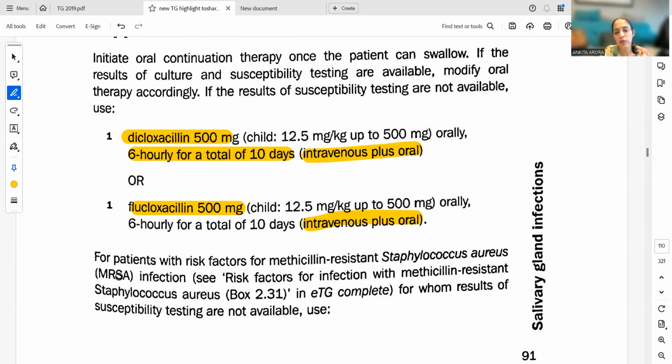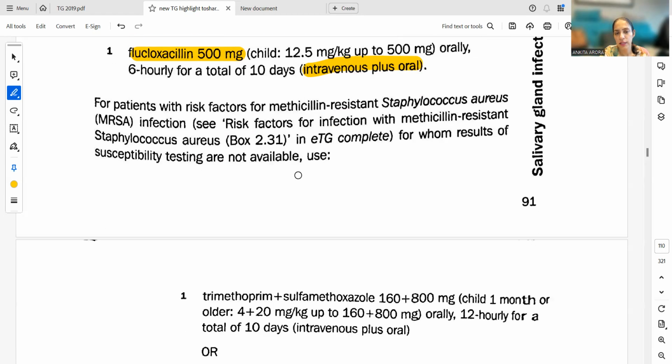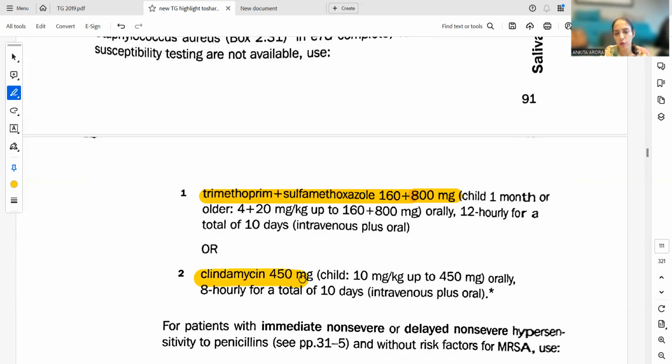Then for patients with risk factors for MRSA infection, for whom results of susceptibility testing are not available, you would use trimethoprim and sulfamethoxazole, 160 milligram plus 800 milligram, or clindamycin 450 milligram orally, 8 hourly for a total of 10 days.